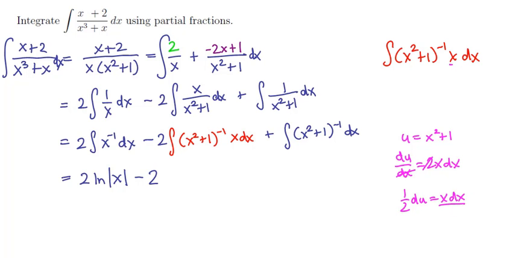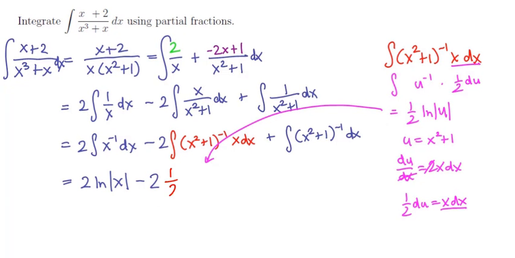So this integral becomes a 1/2 du for the differential, a u to the minus 1 for the integrand. If we integrate that, the 1/2 comes along for the ride, and we will get a ln of the absolute value of u. And now we can back substitute. That's going to get us a 1/2 ln of the absolute value of x squared plus 1 for that red integral right there.